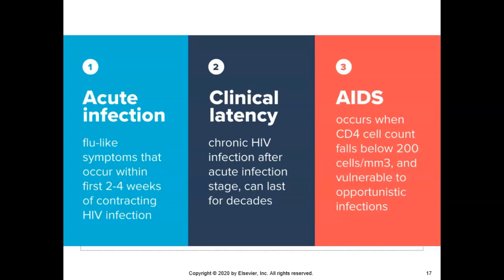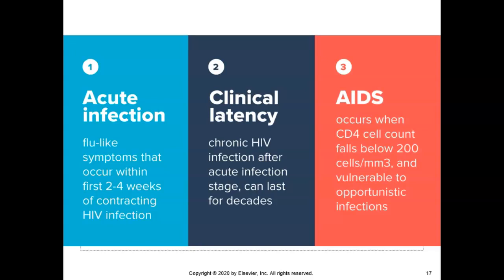Here's another picture for you to look at the different stages of HIV and AIDS. We will talk about them as we go through. So we have the acute infection, latency or chronic HIV, and then eventually AIDS.